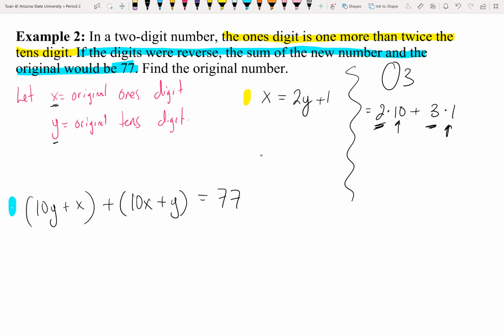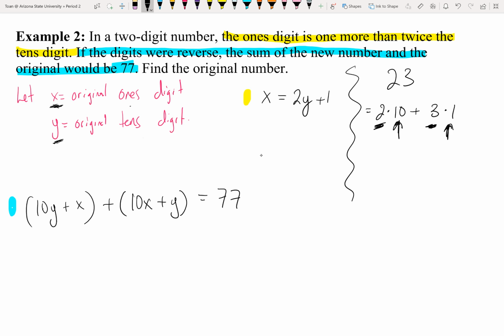The reason why 23 is 23 is because it's 2 times the tens place plus 3 times the ones place. Does that make sense? So if I'm saying that I have a two-digit number and we originally said x was the original ones place and y was the original tens digit, then the original number should be 10 times the tens digit plus 1 times the ones digit, right? That's where I get the tens, because I know it's a two-digit number.